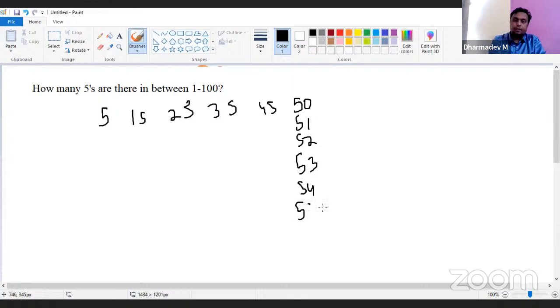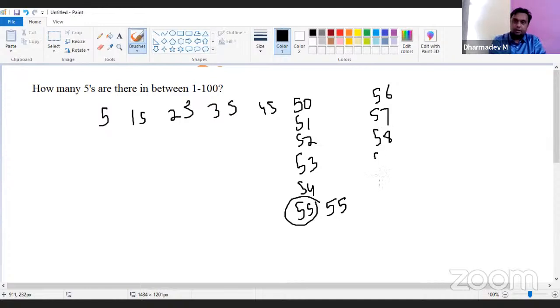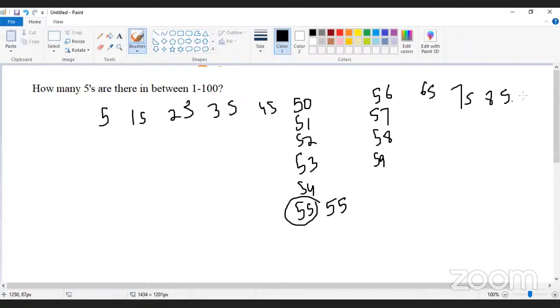Again, I'll write 55 because two 5s are there, right? So I counted 55 again. Then 56, 57, 58, 59.